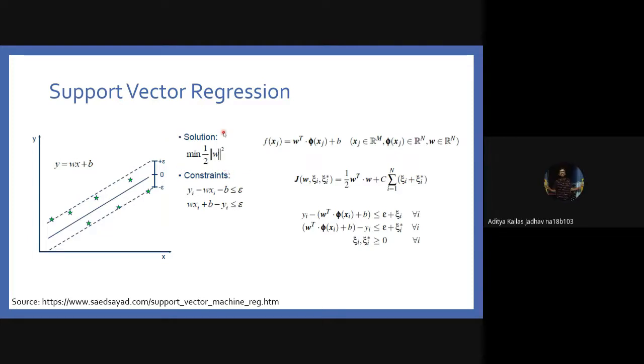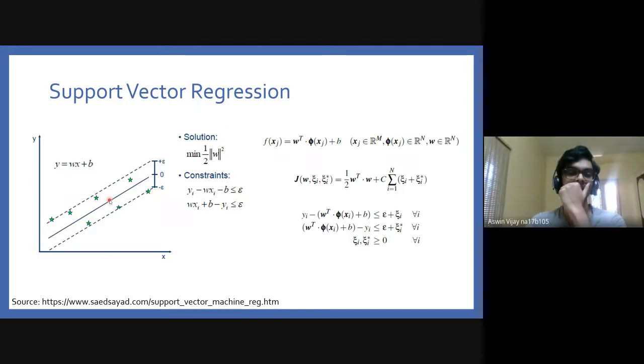I didn't understand. Okay, so let's say you have a data point here and a line here. This line is y is equal to Wx plus B. And you have one data point here. What support vector regression, and support vector machines essentially, does is try to maximize this distance between the closest data point and the line.